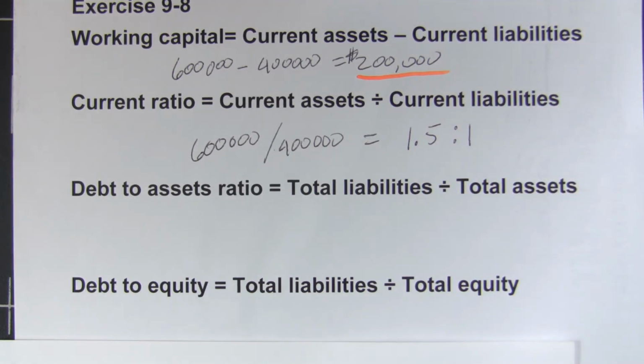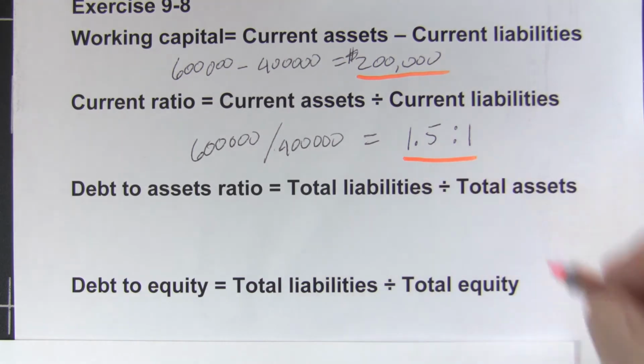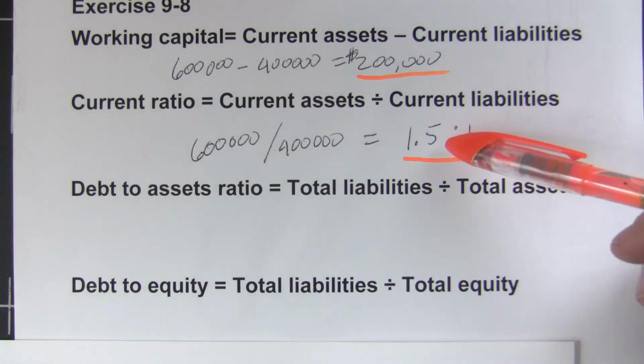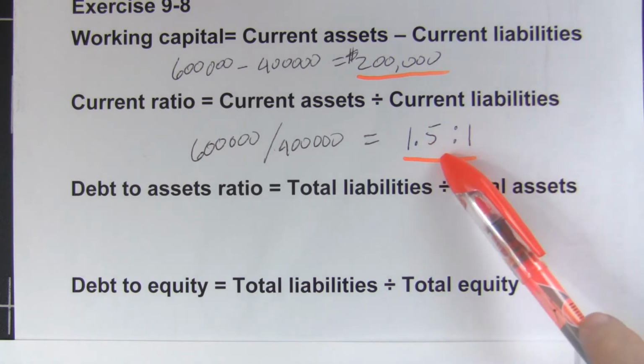And the way you read that, again, the ratio doesn't mean anything until you put it in context. This says for every dollar in bills that comes through the front door, current liabilities, we have $1.50 to pay that bill.